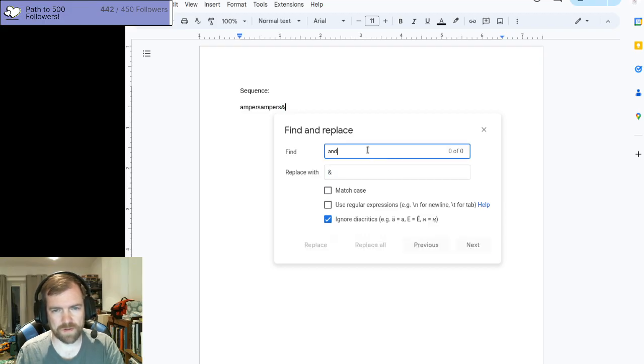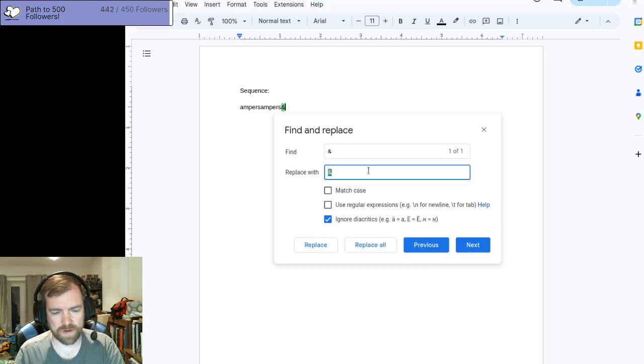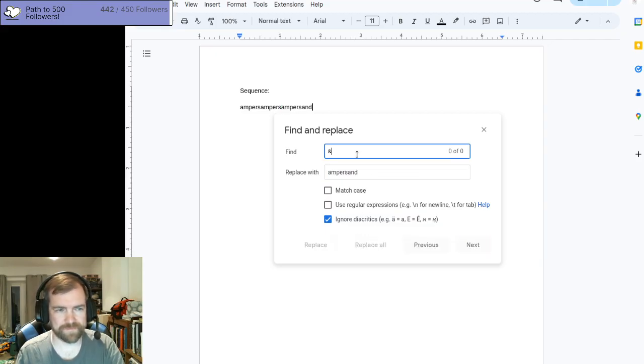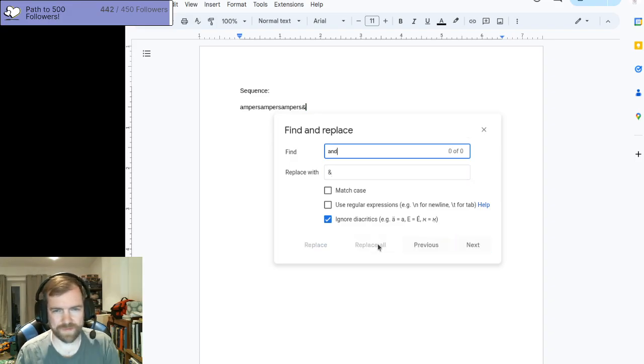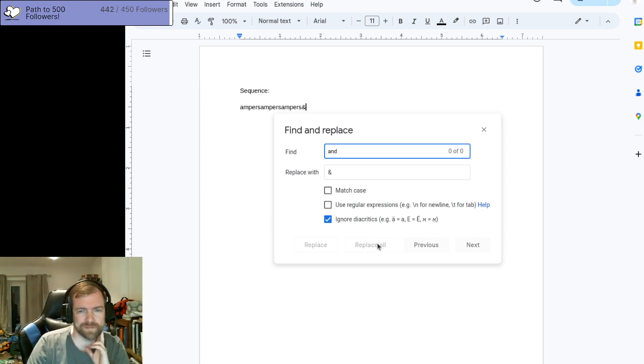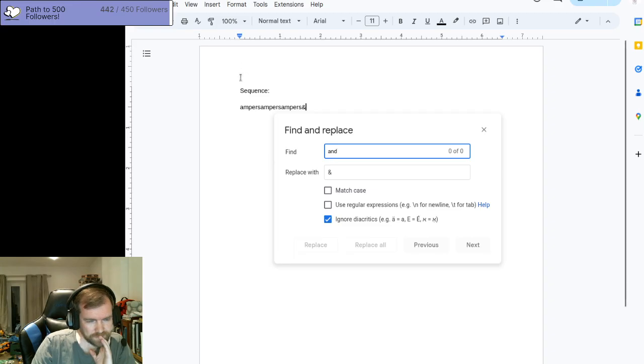Replace all. Okay, so it's just taking that last one as the only. Yep. Okay.